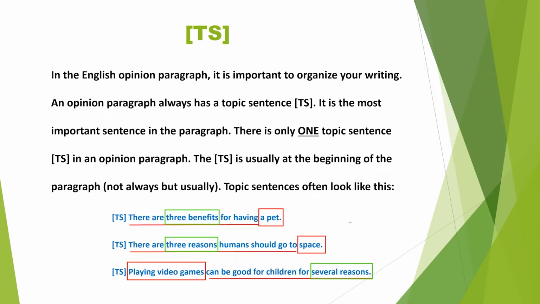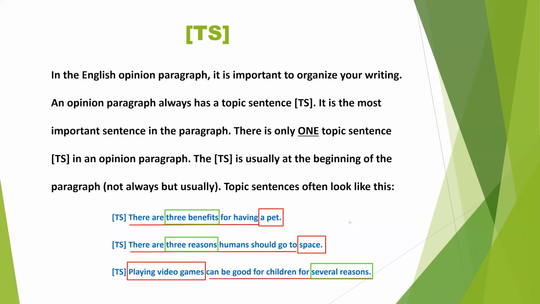And then in the last one, we have several reasons. We don't say 3, but again, several means more than 2. So several could be 3 or 4 or 5. So again, in an opinion paragraph, we usually have 3 main points, 3 main reasons, okay, to support our topic sentence, which again is an opinion.